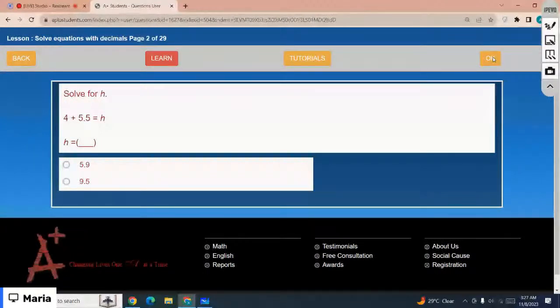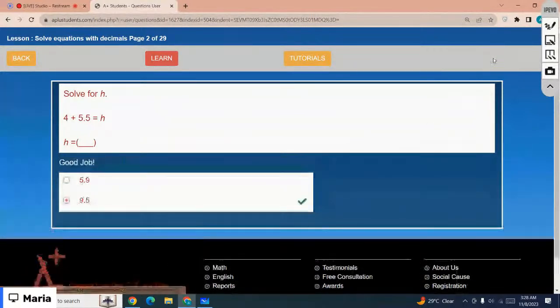So the correct option is, yes, that is 9.5. You simply have to add them. Got it?